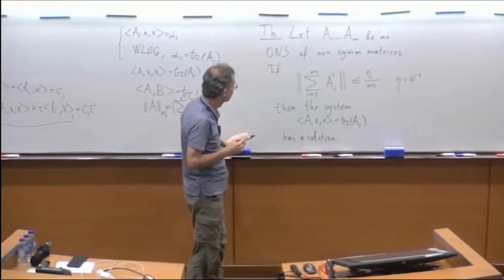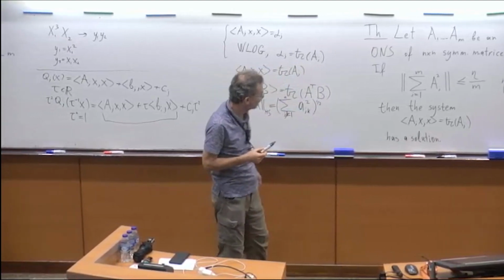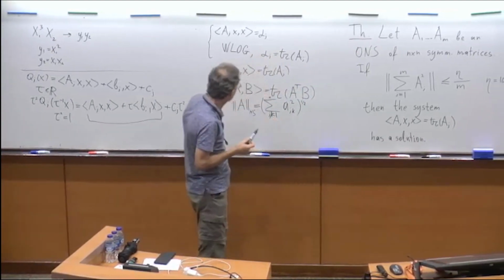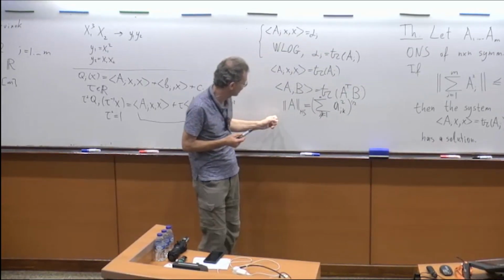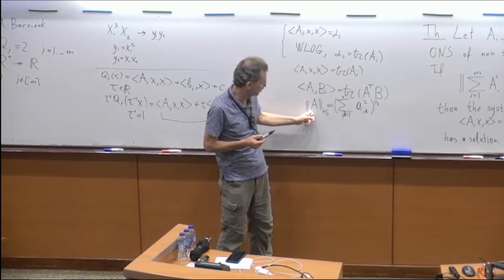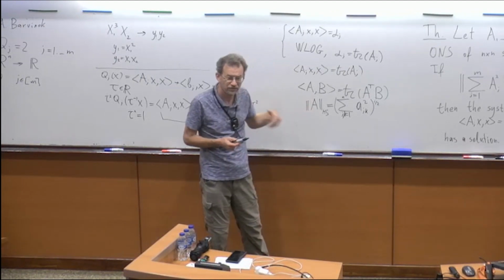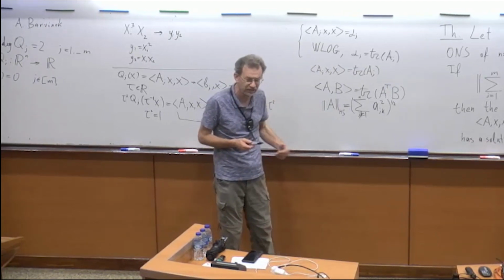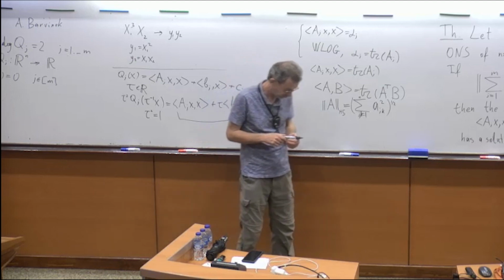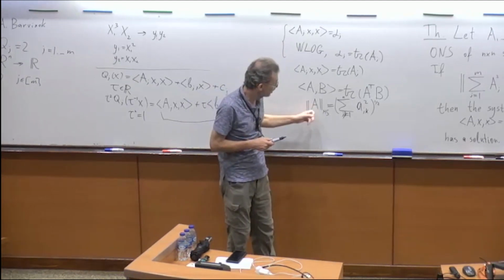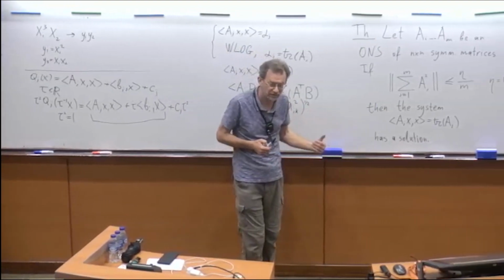Okay. First of all, let's look at this condition. I assume that the matrices form an orthonormal system, which means that the Hilbert-Schmidt norm of each matrix is 1, and if the matrix is, say, generic, if it has a large stable rank, then its norm is going to be small.